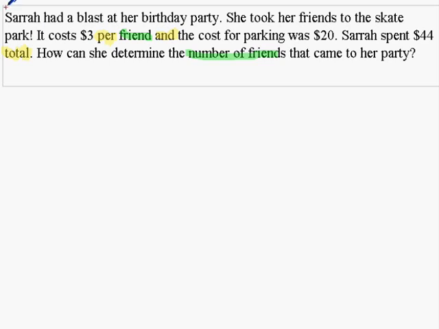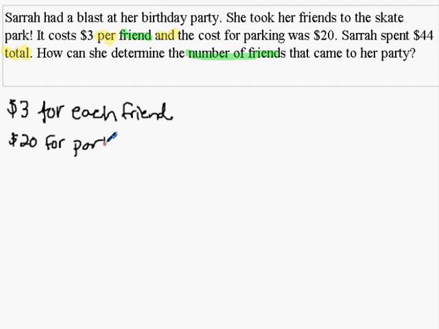So let's write down what we know. We know that it was $3, so she spent $3 for each friend. Okay, and we know she spent $20 for parking.